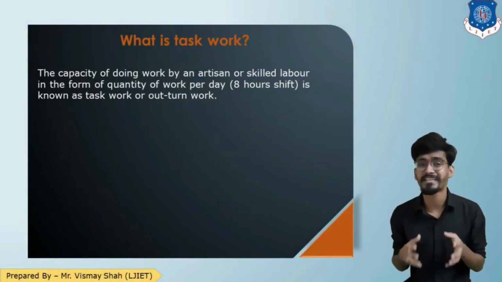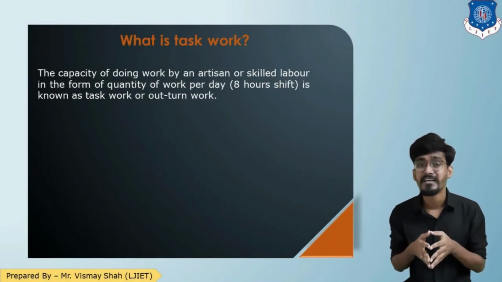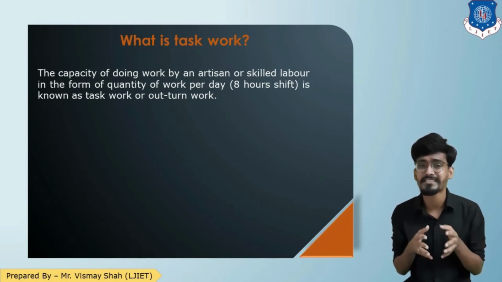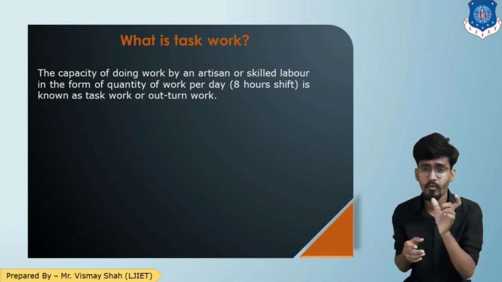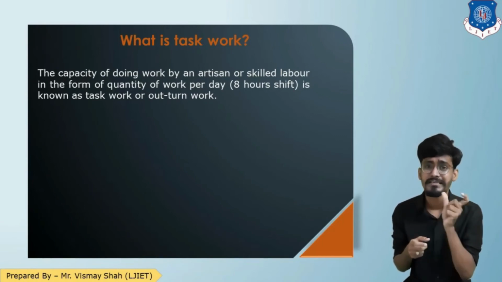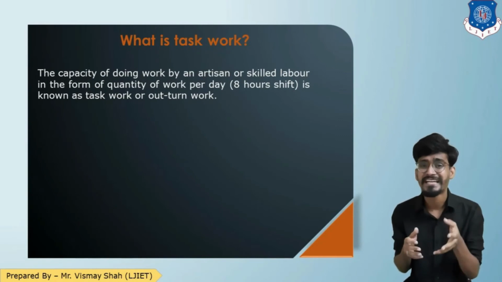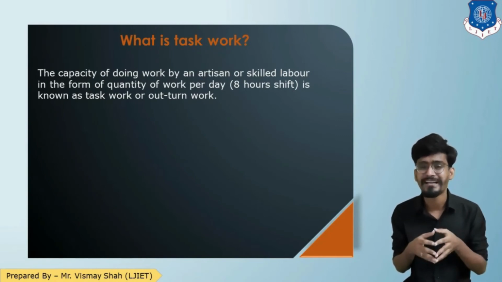Moving forward, the next topic which we are going to see is task work. Task work is the capacity of doing work by an artisan or a skilled labor in a particular day in the form of quantity. So how much work a skilled labor can complete in the form of quantity of a particular item, that is the task work, also known as out-turn work.